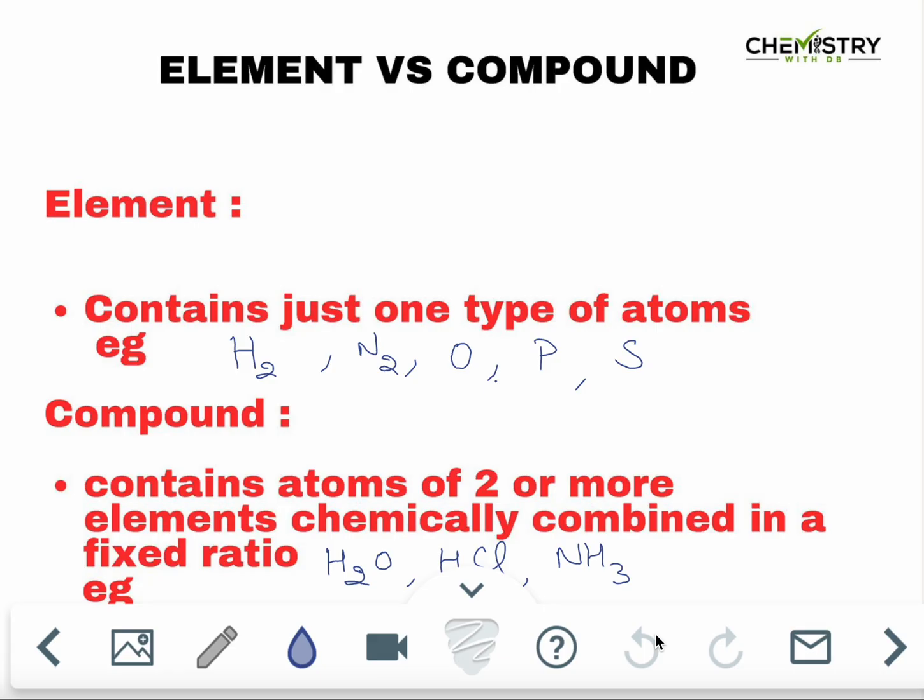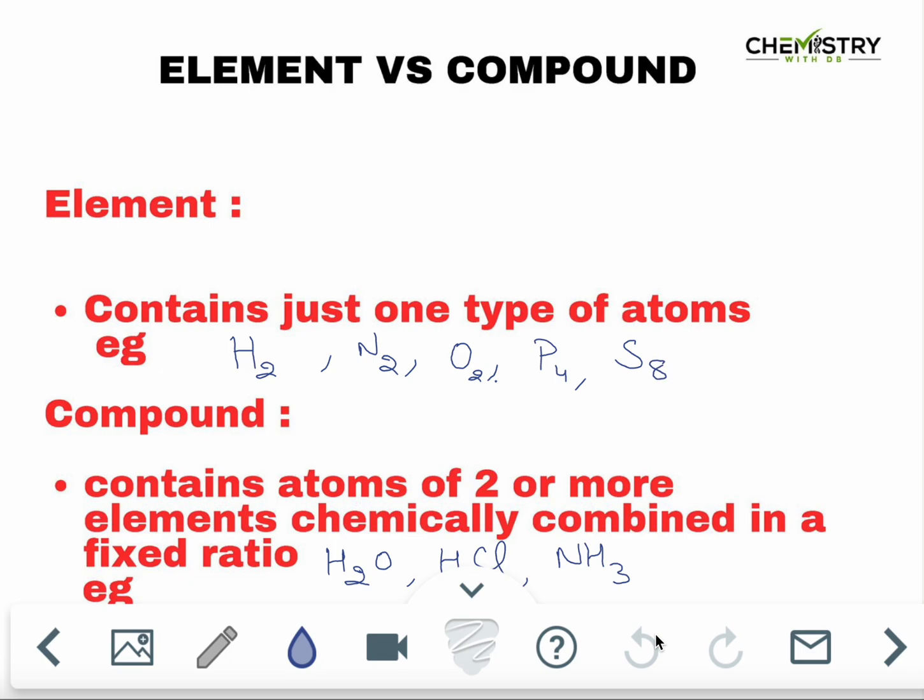Nitrogen has two atoms of nitrogen chemically combined. Oxygen has two atoms of oxygen combined. Phosphorus has got four atoms of phosphorus combined together to make a molecule of phosphorus element, and sulfur 8.